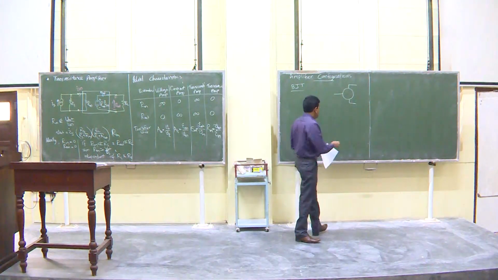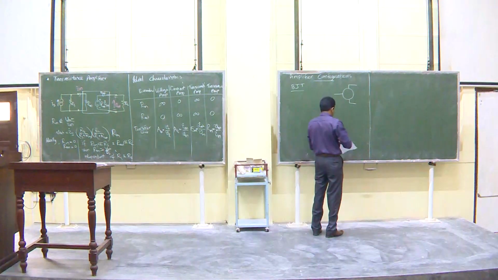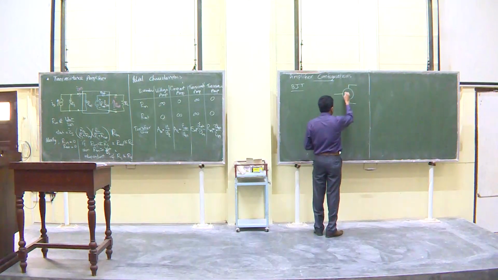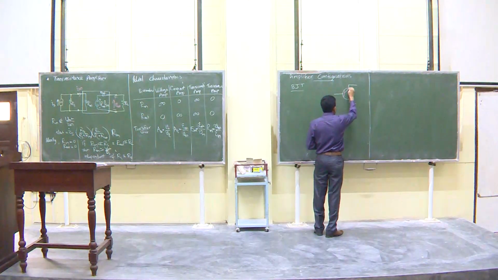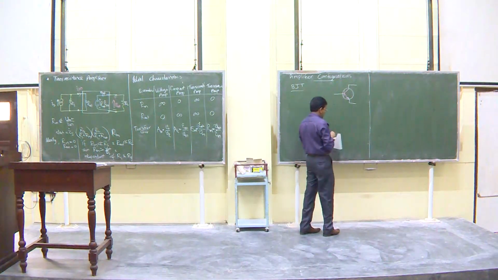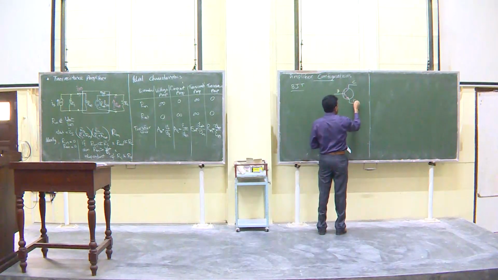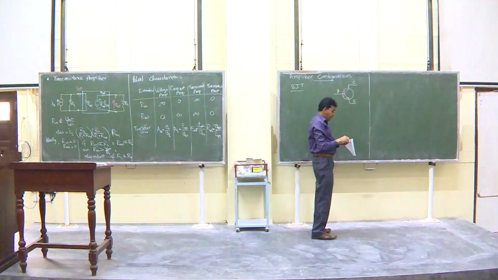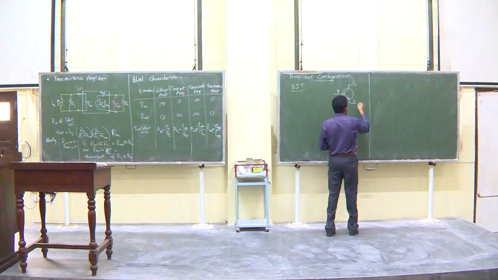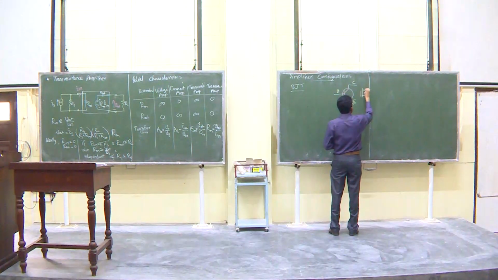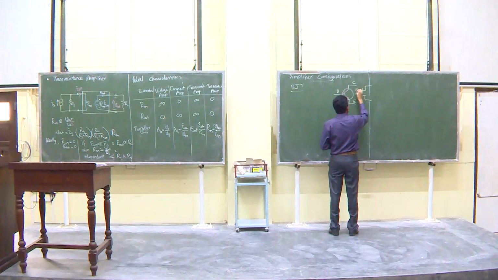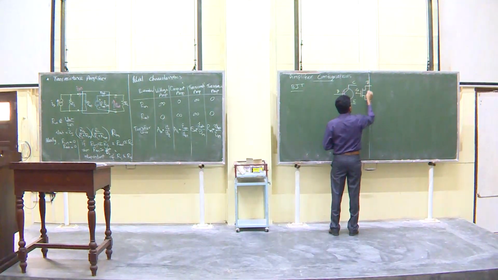In the case of BJT, what you have inside is something like this: base, collector, emitter. In case of the FET, you will have gate, drain, and source. Very similar.